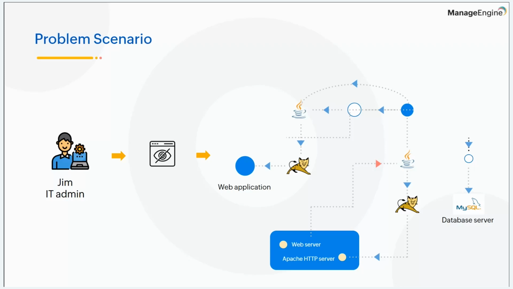However, you or Jim have no clear visibility into what's running inside your environment. So every time an issue arises, whether it's a slow application, an overloaded server, or an unknown dependency, it takes hours or even days to manually map out the affected components. The lack of visibility leads to delayed troubleshooting, performance bottlenecks, and worst of all, downtime that impacts end users.